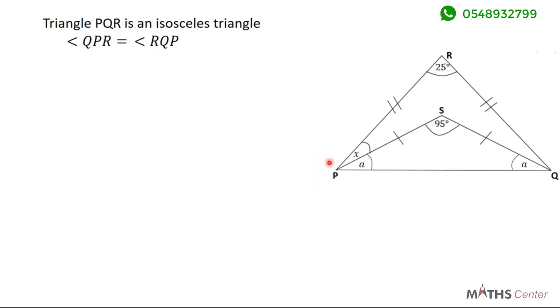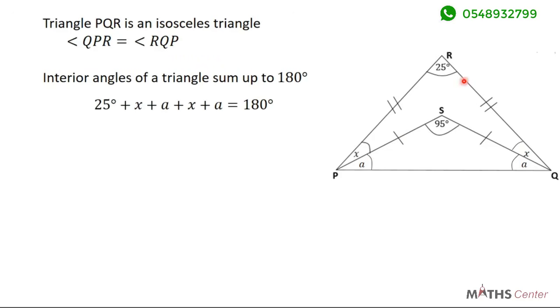Because triangle PQR is an isosceles triangle, if this side here is A and this side here is A and here is S, then here must also be S. From here, we can proceed to find the value of S. We know that the interior angles of a triangle sum up to 180 degrees.